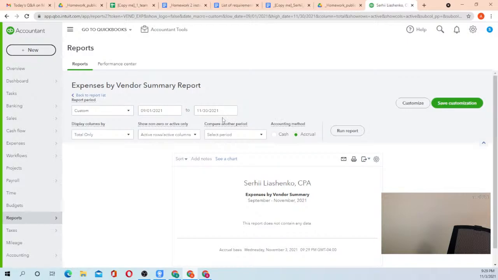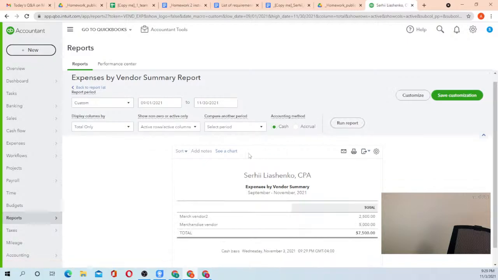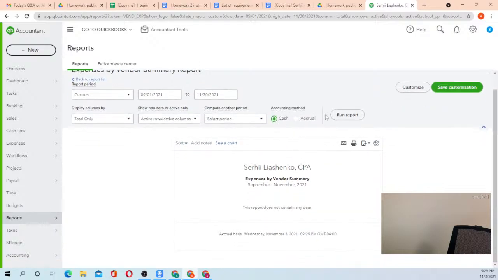Okay, for some reason it doesn't show as a report. Expense. Okay, it shows us numbers based on the cash basis. That, I would assume, is because for other inventory purchases, I probably haven't added a vendor. For accrual, it's empty.